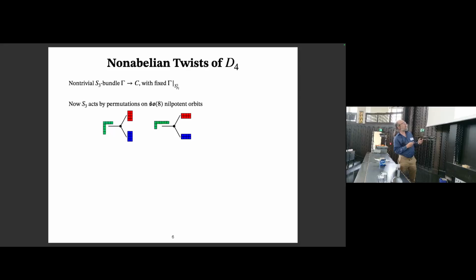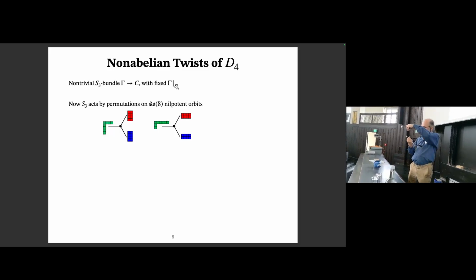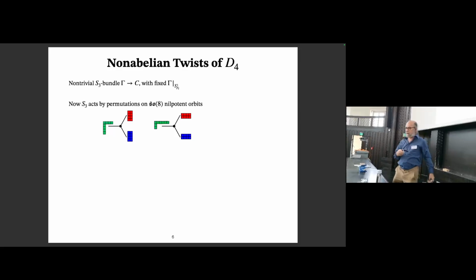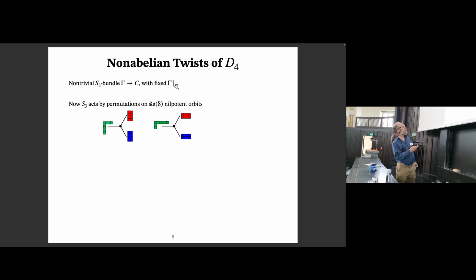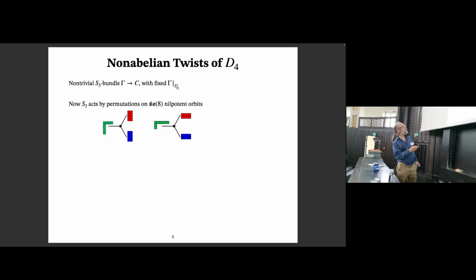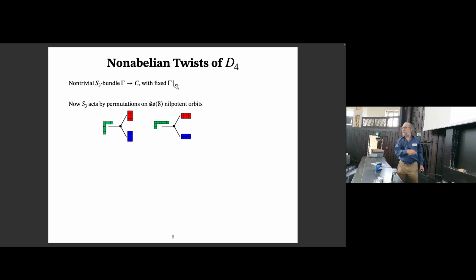S3 now acts by permutations of nilpotent orbits. Remember the things we're decorating the untwisted punctures with. And these nilpotent orbits, these are the very even guys, which were always exchanged by the Z2 outer automorphism, but now they come in a triple with the green guy.